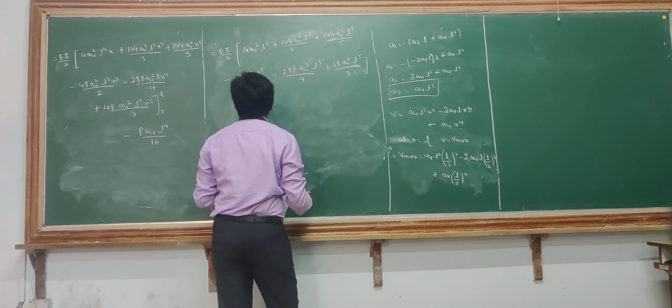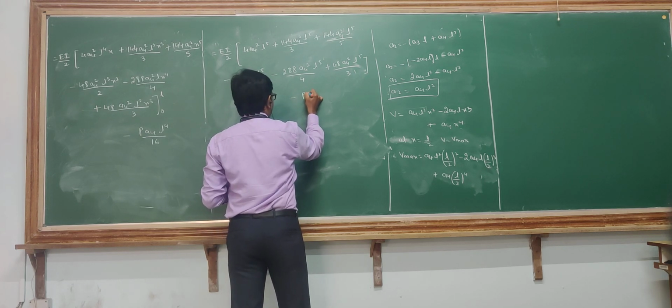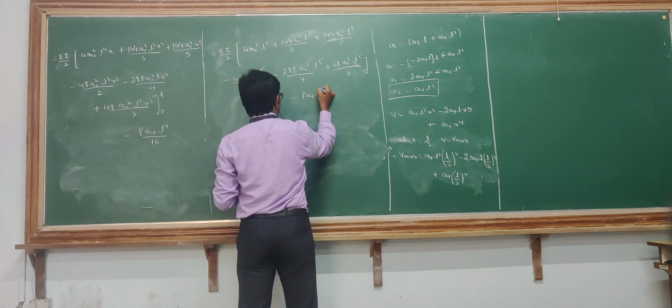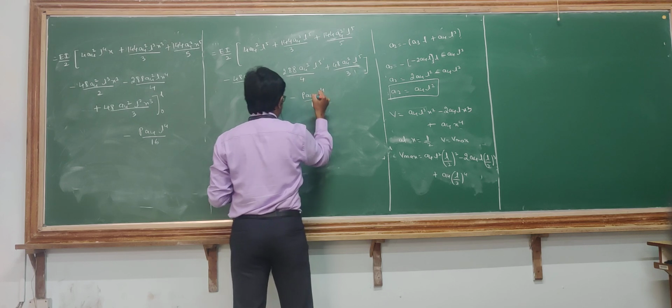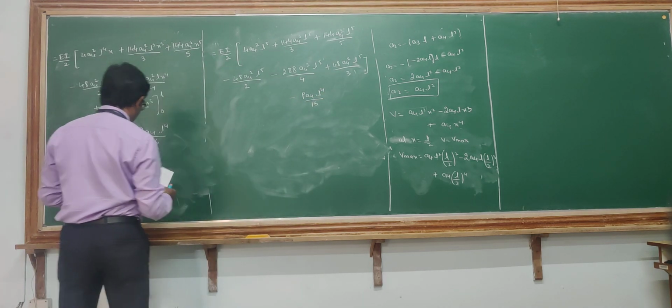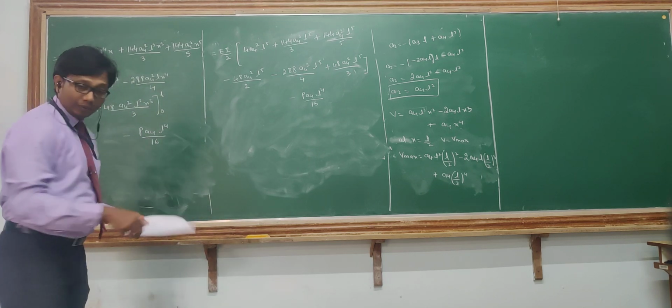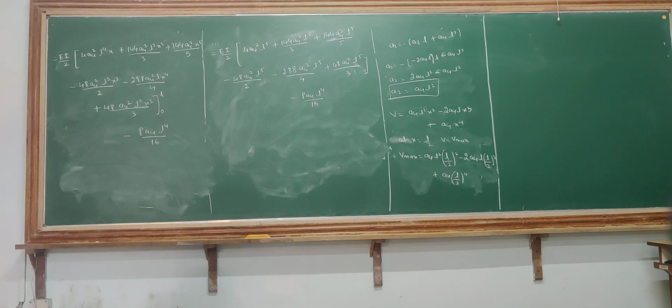So these are the limits which you have put, minus P a4 L raised to 4 divided by 16. Okay. So if I do that, I'll end up with this particular equation.